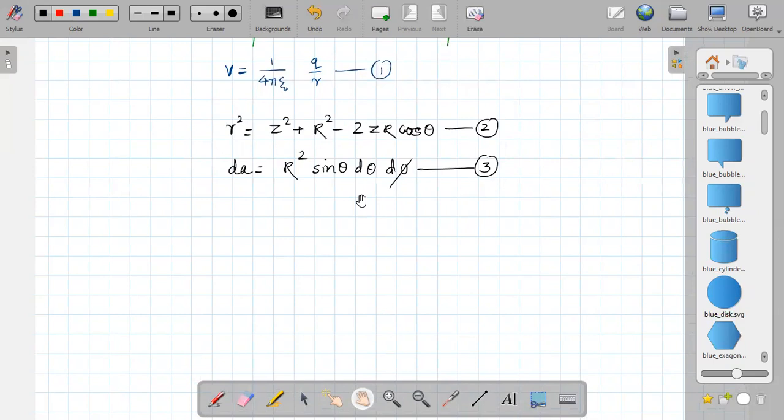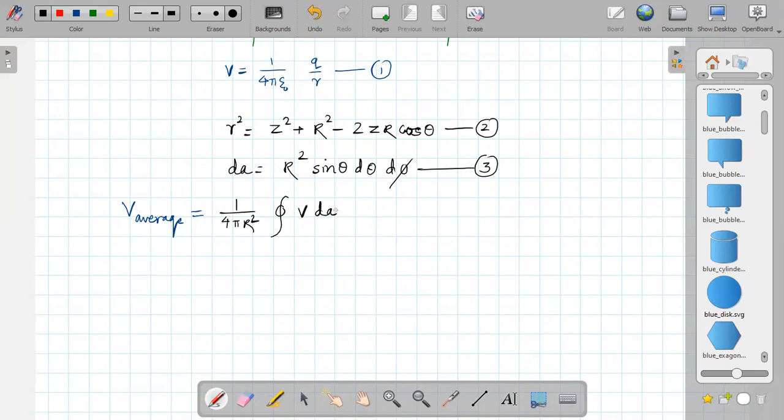V average potential is given by: V average is equal to 1 upon 4 pi R square closed integration of V into dA.